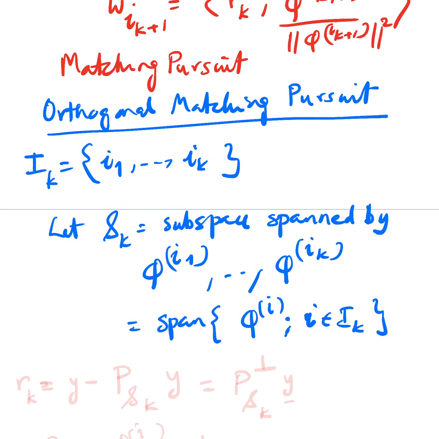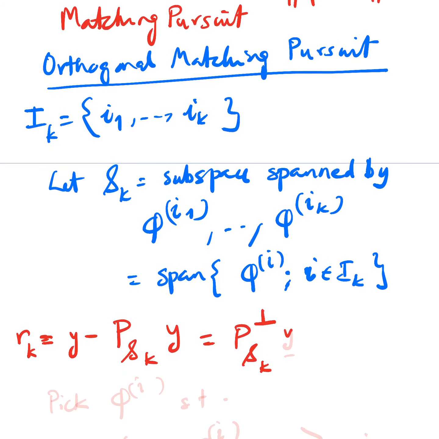Now, your best estimate of the target based on these columns, under the linear model, is the projection of the target onto Sk, and your residual at this stage is the target minus that, right? So it's the projection of the target orthogonal to this subspace.